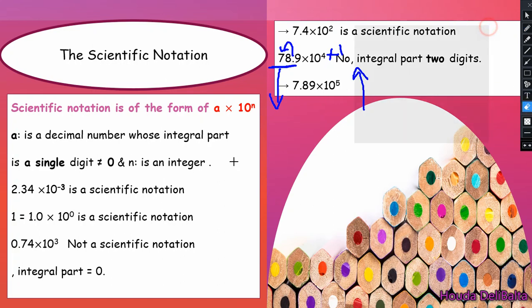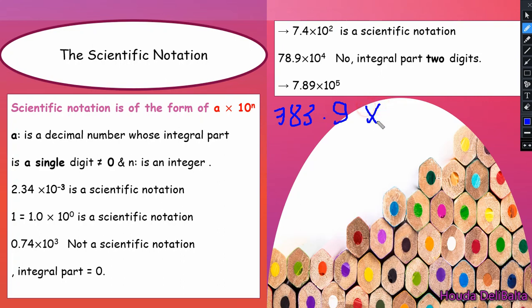And let's take a final example. For example, if I have 783.9 times 10 to the power minus 3, and I'm going to change it into the scientific notation form.